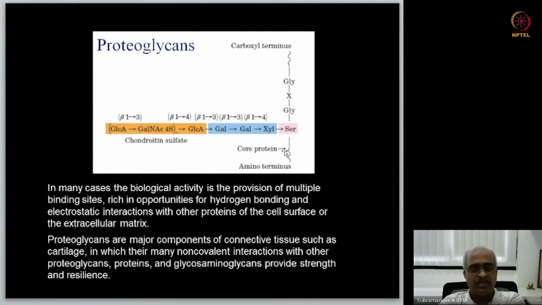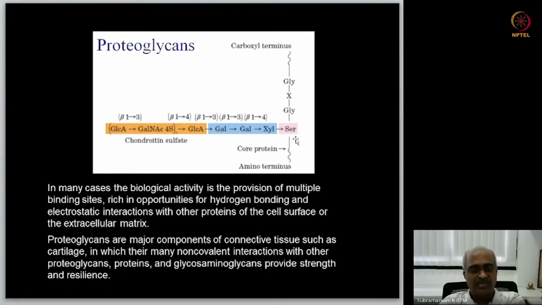Okay, so proteoglycans have a protein component which we call the core protein, and to one of its serine residues or multiple serine residues, usually in this context, that serine has a glycine, any amino acid represented as X, and another glycine.